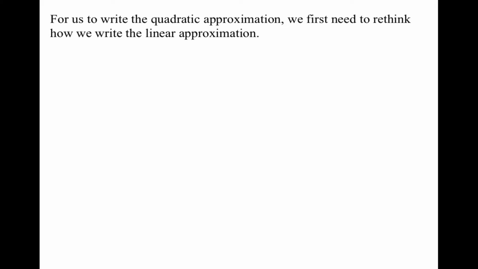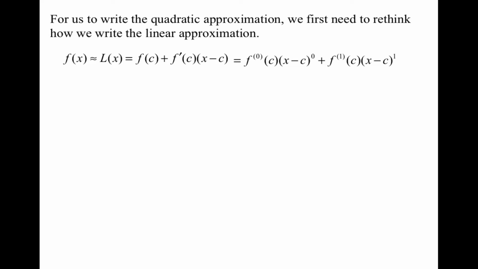For us to write the quadratic approximation, we first need to rethink how we write the linear approximation. So here's our linear approximation at some x value c. Basically this is saying that we have the 0 degree term plus the first degree term of a polynomial.